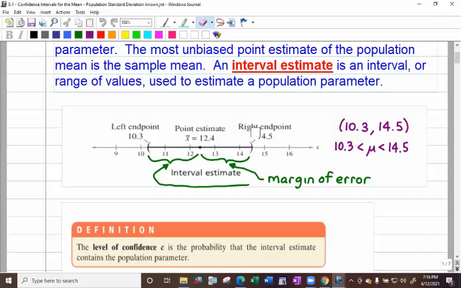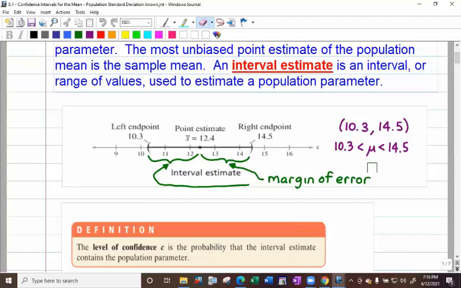We don't have enough information to make the calculation of how it comes about. But they are the same distance away from the middle. It's symmetrical, and the distance from the center to each endpoint is called the margin of error, and it's a distance of 2.1.